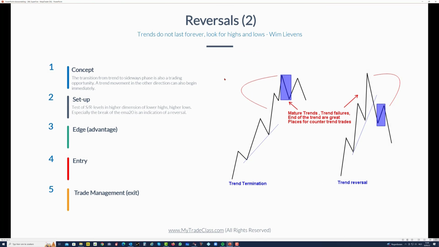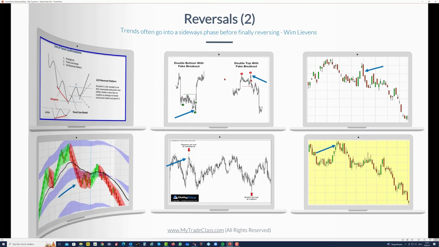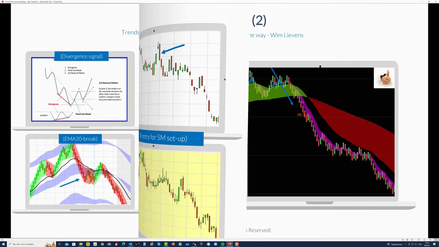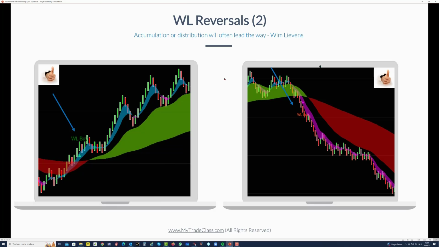Reversals are great because trends can't last forever, and sooner or later the party is over. Most of you will know this concept, what a trend termination or trend reversal is. Now the system will recognize this with the WL trend. And again, I will draw a little bit, and you can see it here.